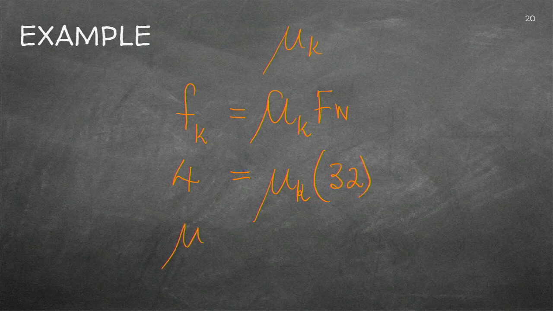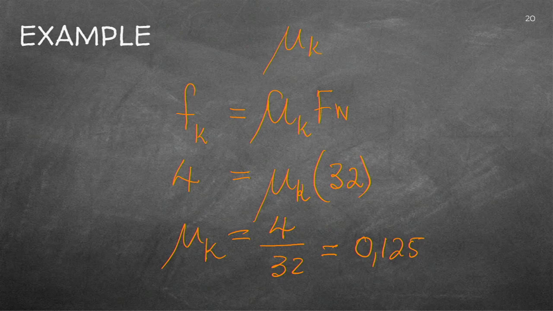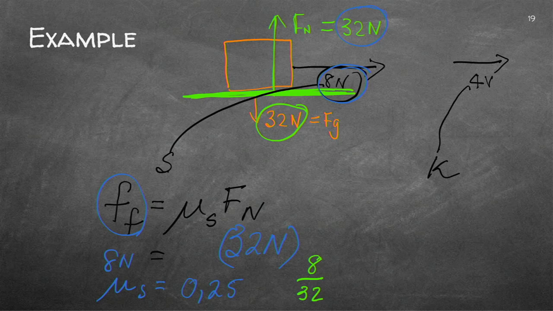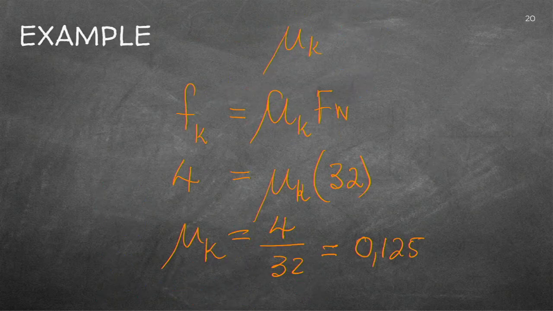The coefficient will be a relationship of 4 over 32, which will give me an answer of 0.125. Remember what we found now. We found this value to be 0.25, and that coincides with what we said. It will increase and it's more, and as soon as it starts moving, the coefficient is less.